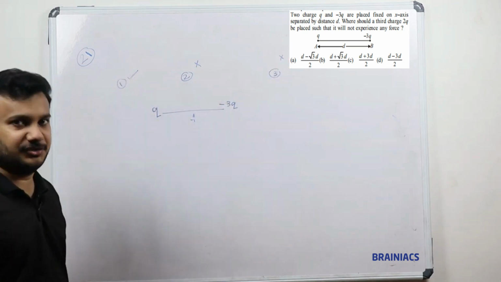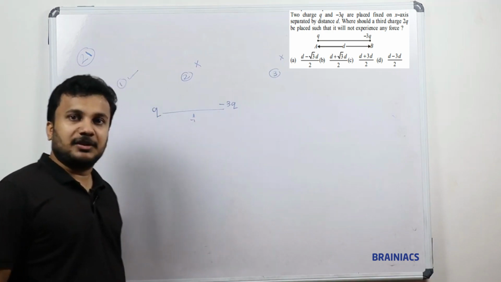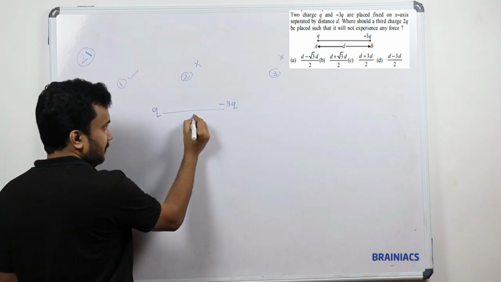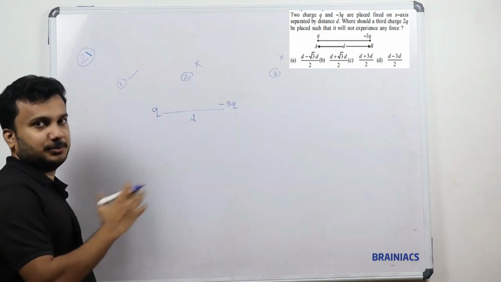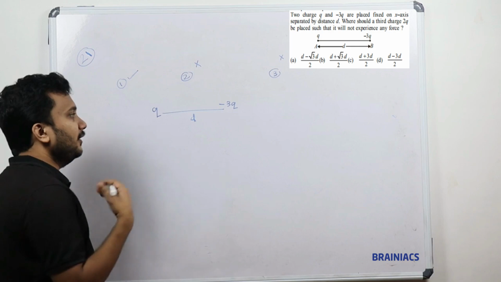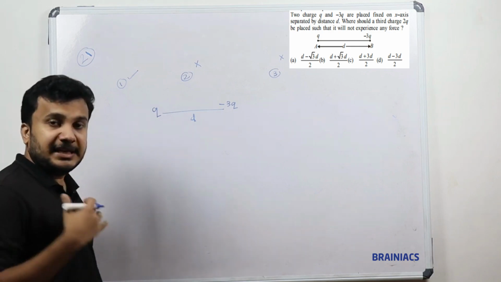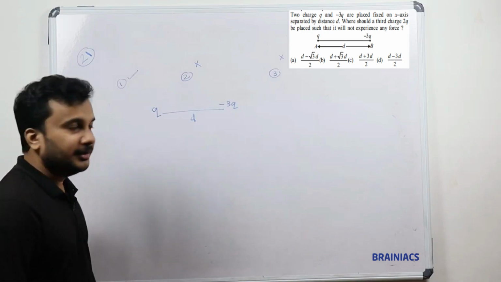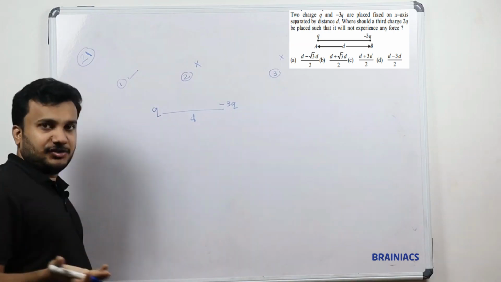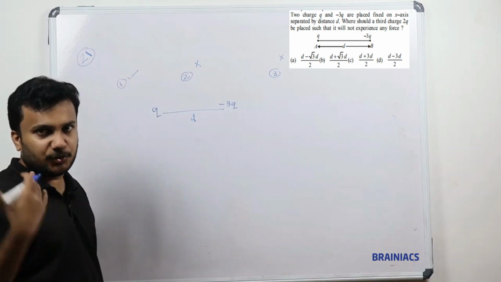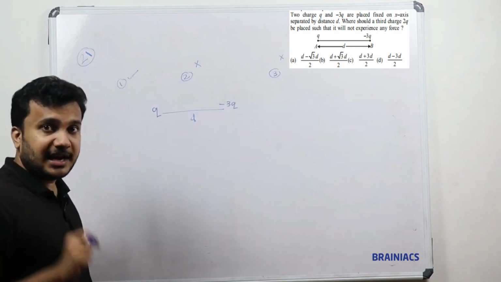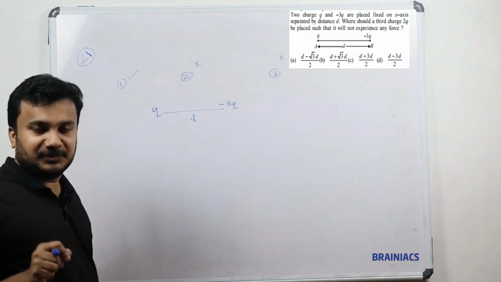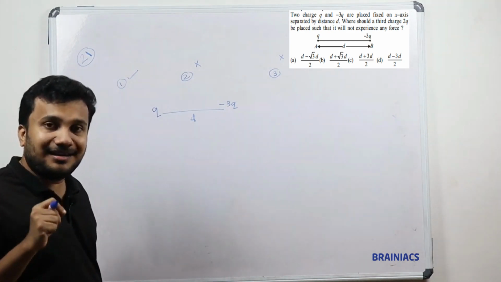I already mentioned this point while I was taking the theory. The point here is, if it is similar charges, positive or negative, or if it is different charges with different magnitudes, then the next charge coming into the system, here 2Q, has to be placed nearer to the lesser charge.